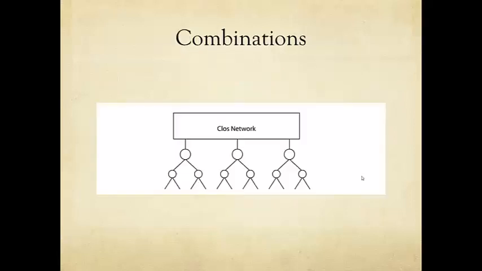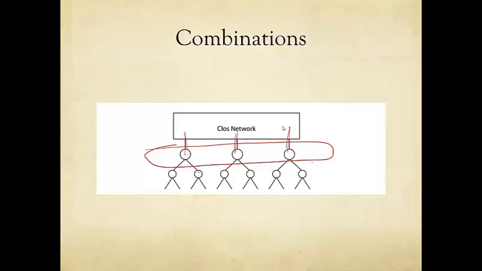Now, there are also many different combinations. For example, you can first build a tree, and then you can hook into a Clos network to the point where you can build a large enough switch. For example, 128 by 128 or something. Then build it. And when you can't do it anymore, then build bigger switches connected into a Clos network.